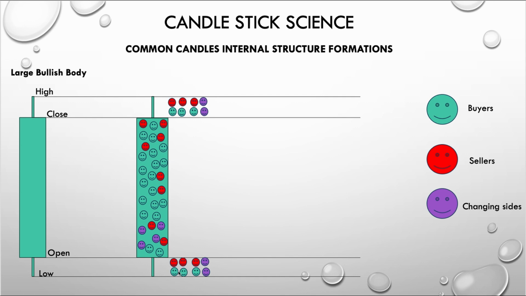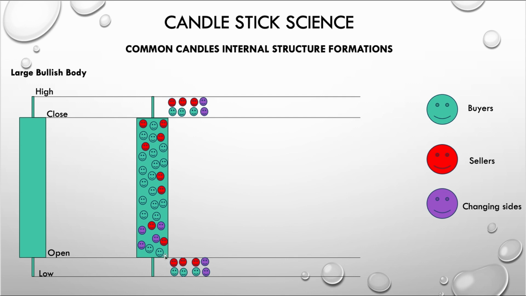As you can see, the equal buyers came into the market, these smiley faces, and pushed the price against these three sellers. And then some of the sellers switched from selling to buying. That's why I've put these two purple faces here. So inside of this wick, we have sellers and buyers, and traders who switched from buying to selling and from selling to buying.